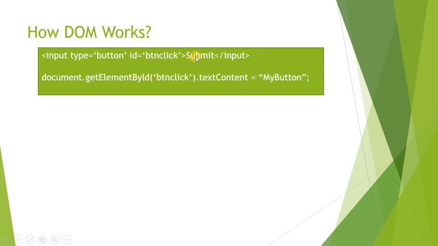If you want to change the title of the button, the default is submit, using JavaScript code, that is document, which represents your document object model, and use the method getElementById, define btnClick, because we want to update this input type button which contains the ID of btnClick. Dot value is the property to set the title of the button.